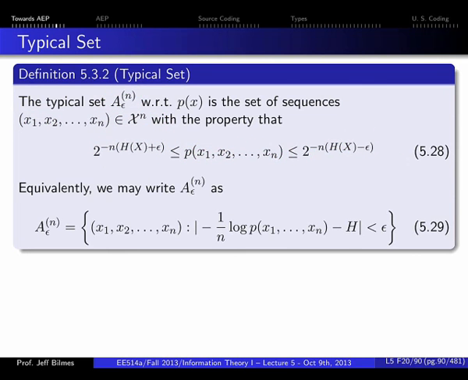So another way of writing it is that the typical set is equal to all sequences whose average probability is epsilon close to the entropy. These 5.28 and 5.29 are identical. And any sequence whose negative 1 over n log probability is not epsilon close to the entropy is not typical.